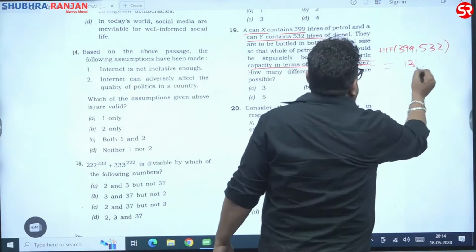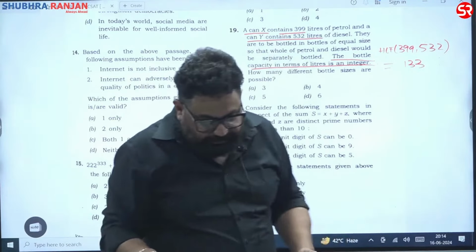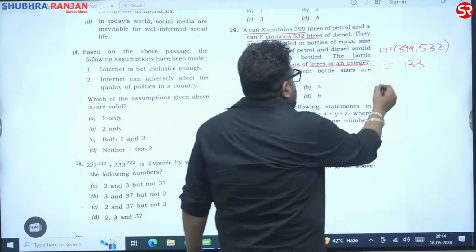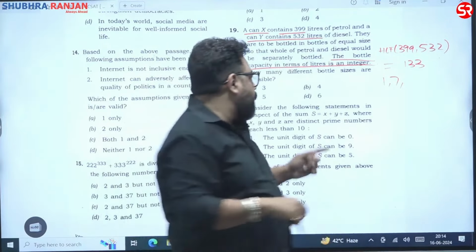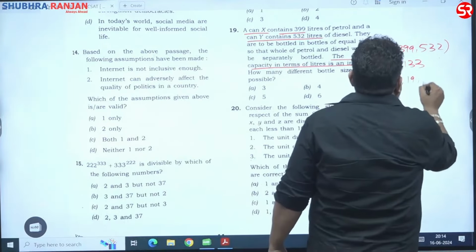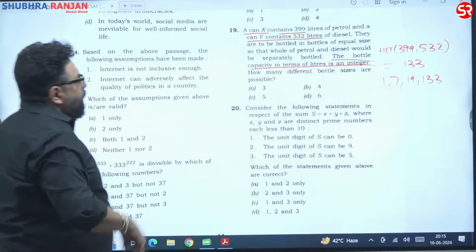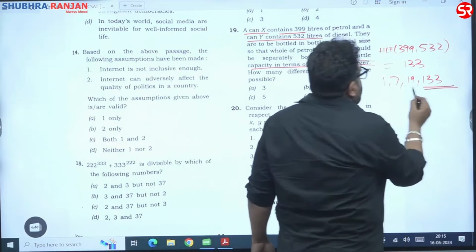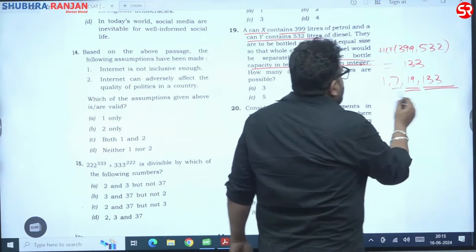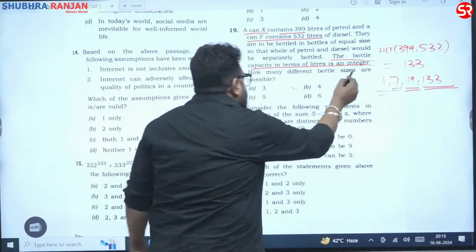And again, the factors of 133: 7, 19 and 133. So the capacity of the bottle can be 133 liters, the capacity of the bottle can be 19, the capacity of the bottle can be 7, and over here the capacity of the bottle can be 1 liter as well. Answer is 4.